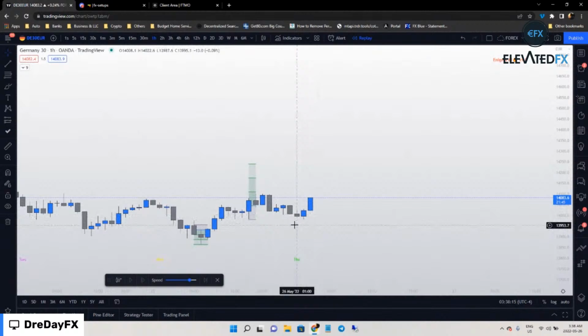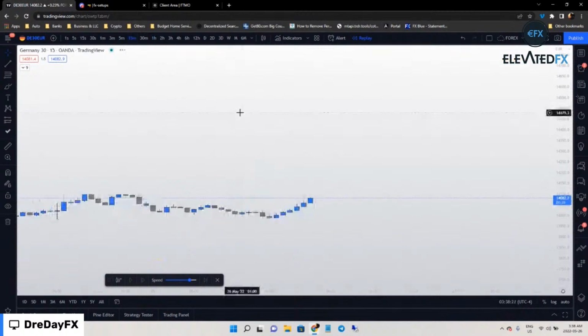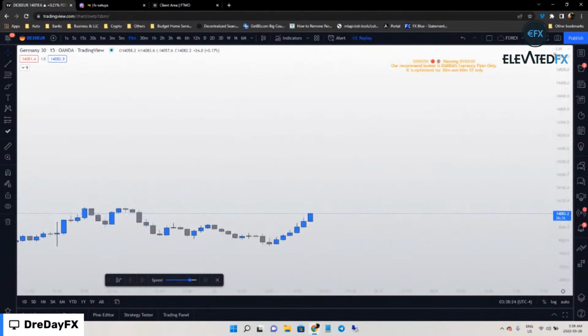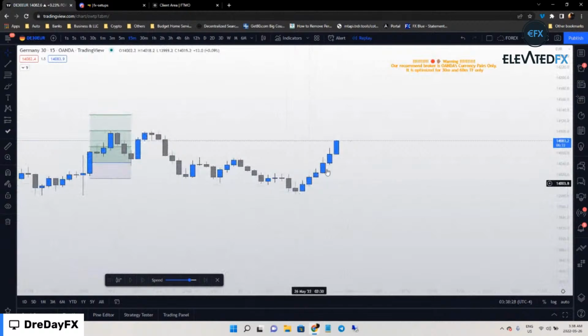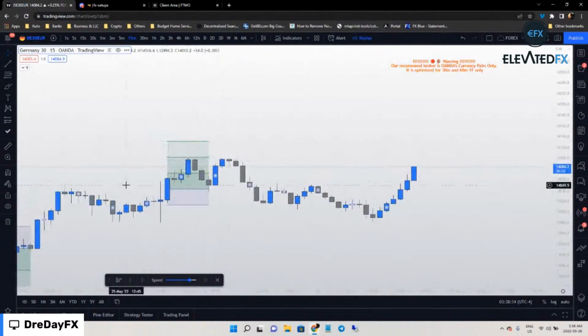I saw it's doing a swing to the upside here based on that candle. And if I look at the 15-minute, there's a big continuation here, and it's going to take those previous highs for a continuation.